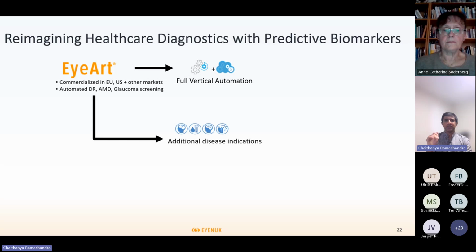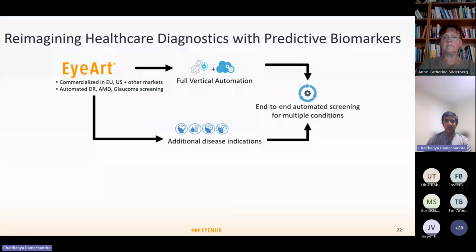By that, I mean EHR integration with cameras, which we have already done, and with additional disease conditions such as stroke detection or Alzheimer's identification, or maybe flagging kidney issues. We hope to build end-to-end automated screening for multiple conditions.